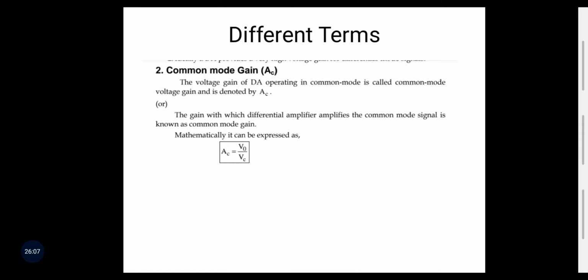The gain with which the differential amplifier amplifies the common mode signal is known as common mode gain. Here common mode gain AC equal to V0 by VC, output voltage by common mode voltage.